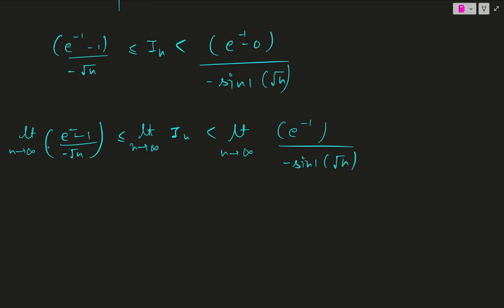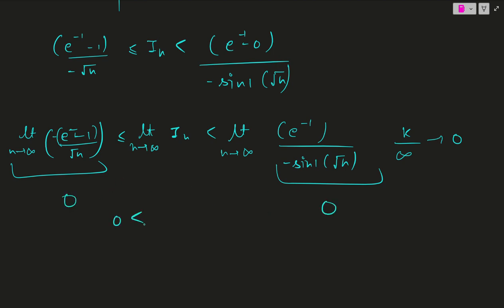Now what we can see is n tends to infinity and n is in the denominator. So we already know if there is any constant and the denominator is infinity, it generally tends to 0. So we can definitely conclude that this thing and this thing too is 0 and 0.